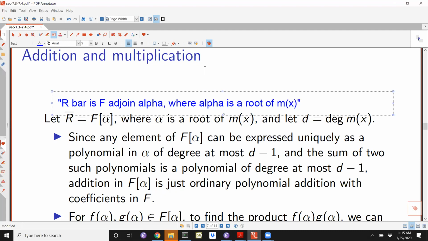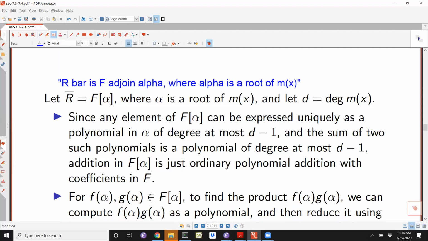That's how I pronounce that. So let R bar be F adjoin alpha, where alpha is a root of m of x, and let d be the degree of your modulus m of x.